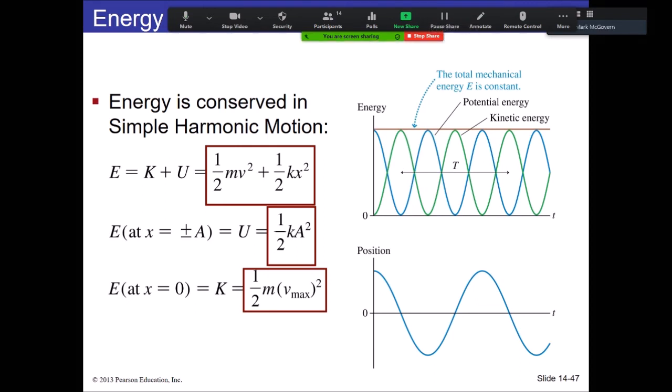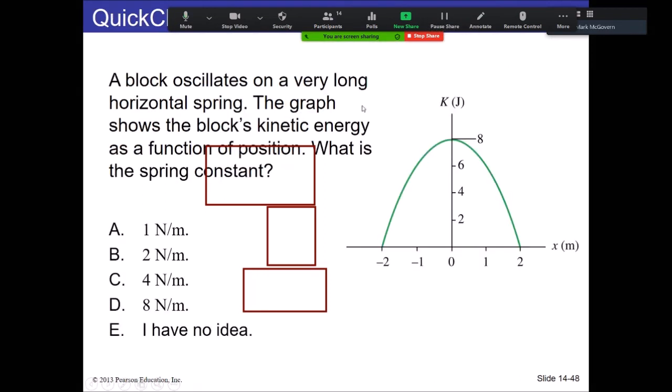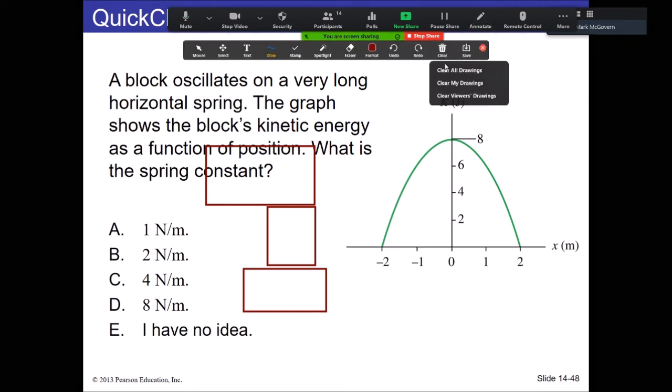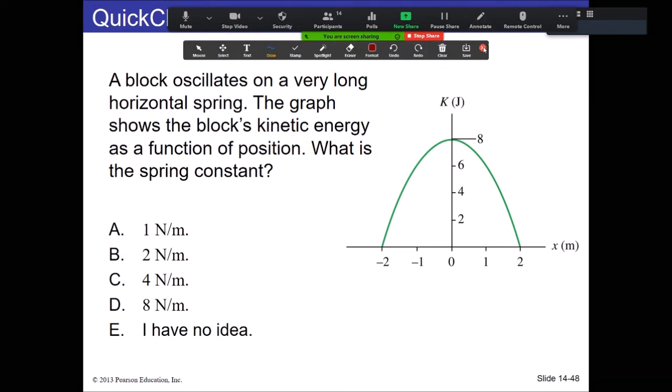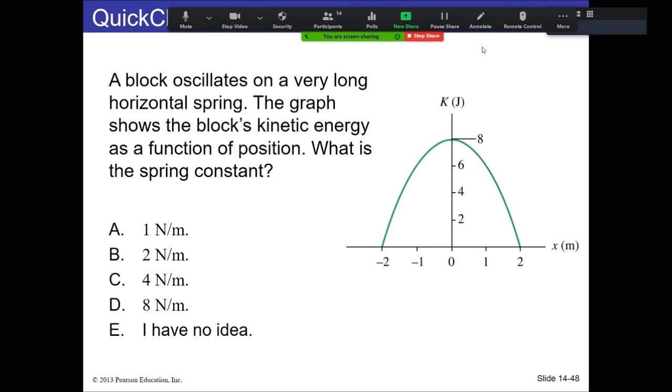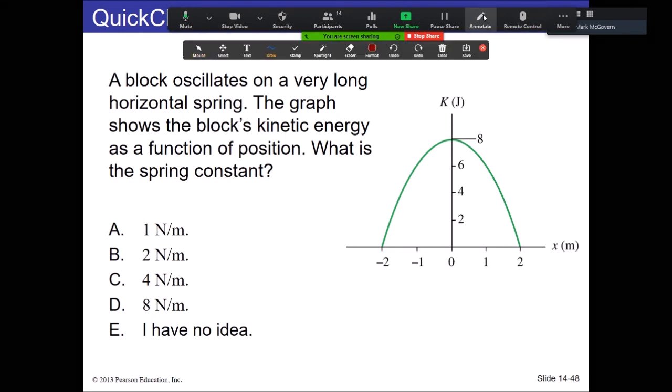Now, one thing we're going to do here, oh, I guess we're not going to do that yet. I've got a question for you first, so look over this, and then we'll talk about it. Think about this for a minute. What you're looking at is a kinetic energy graph. Of course, you have some kind of system energy here, and I can draw that for you.